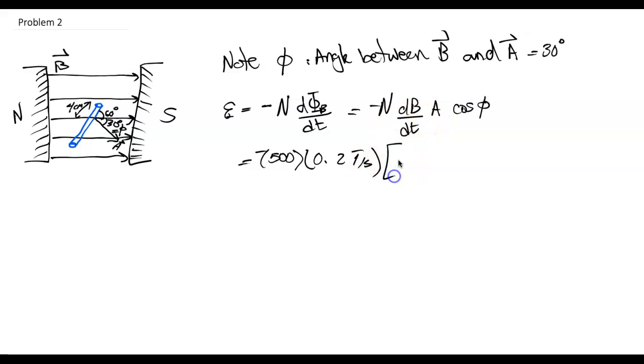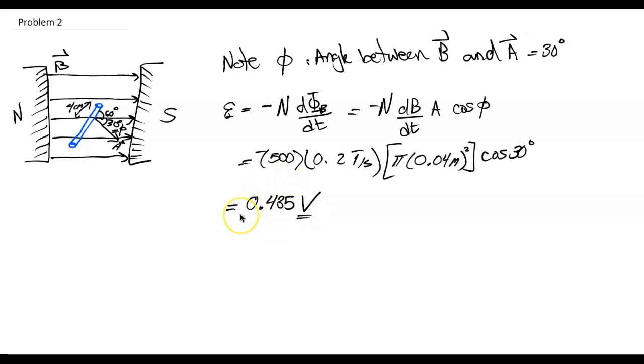The area is going to be pi times the radius squared, 0.04 meters squared, and then cosine of 30 degrees. And if we do this, we find out that the induced EMF is 4.435 volts.